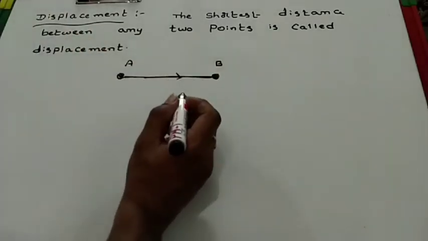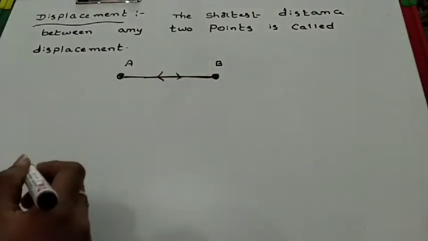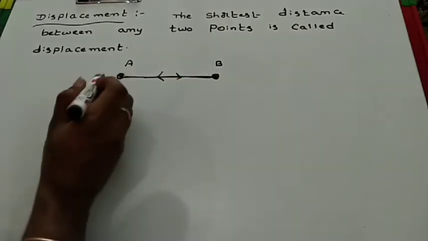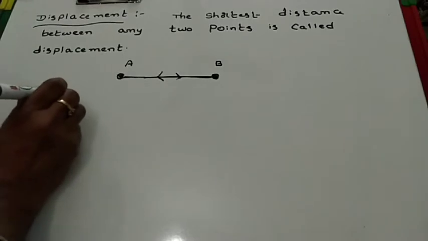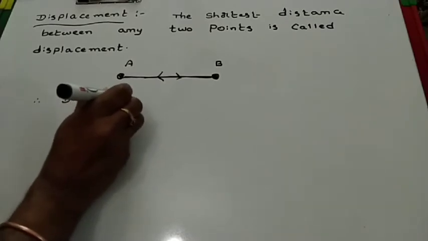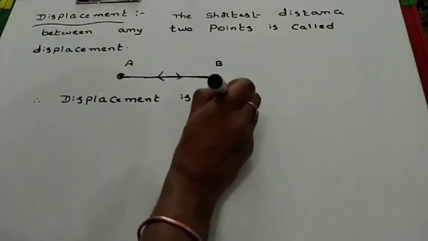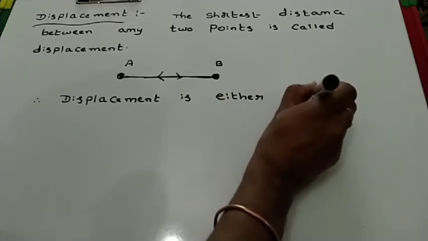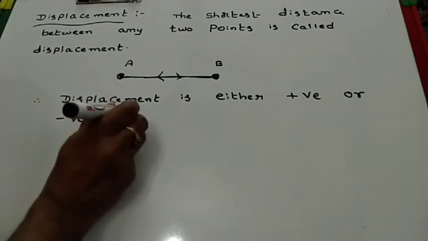Now, my question is, if the same particle moves from B to A, is that also called displacement? Yes. Therefore, displacement is either positive, negative or zero.